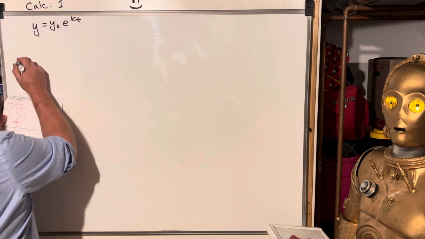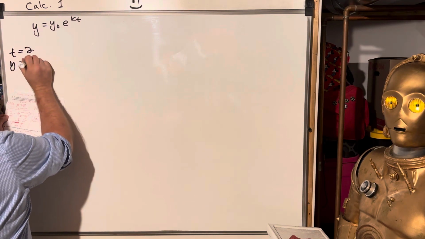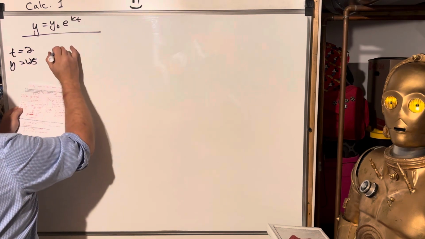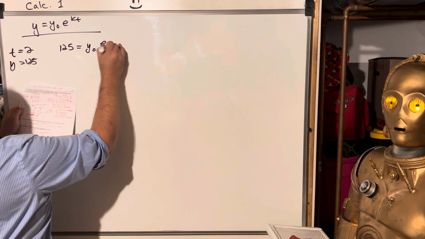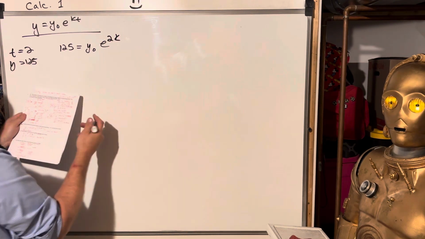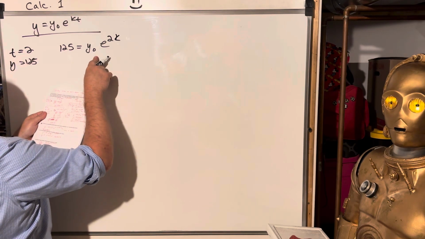So let's take a look. When t is equal to 2, y is equal to 125. So we take this equation, and now we put in 125 equals y naught e to the 2k. And then solve for y naught.